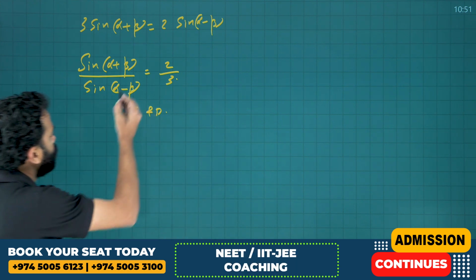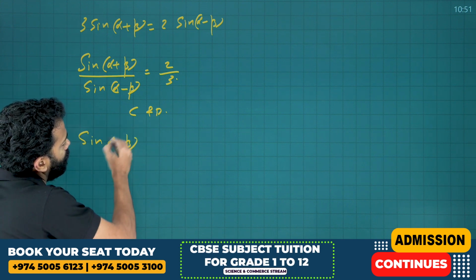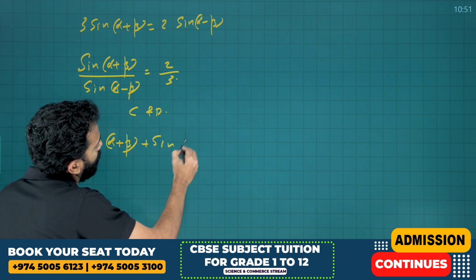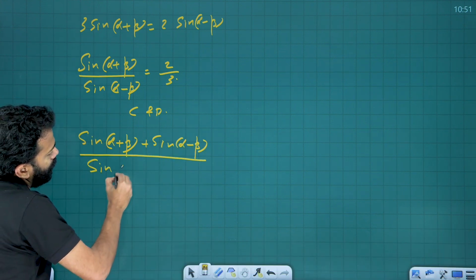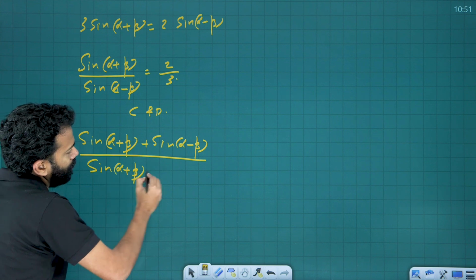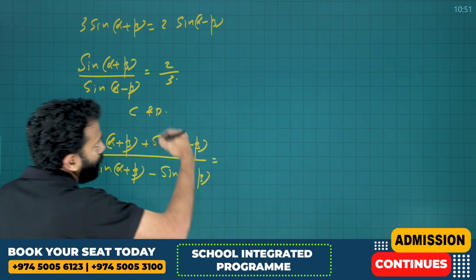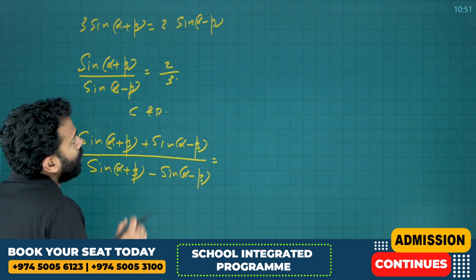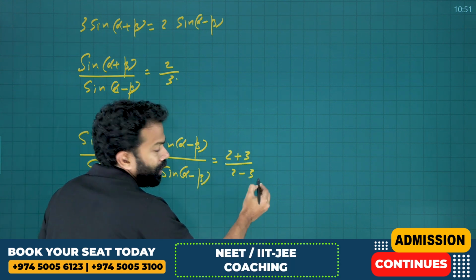So this will be sin(alpha plus beta) plus sin(alpha minus beta) divided by sin(alpha plus beta) minus sin(alpha minus beta). Accordingly, on the right hand side also we need to apply that. Therefore, it will be 2 plus 3 divided by 2 minus 3.